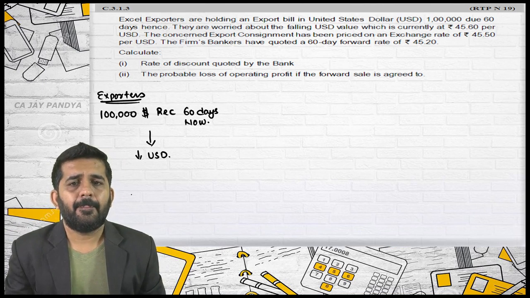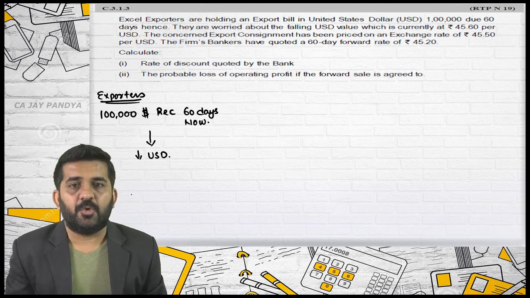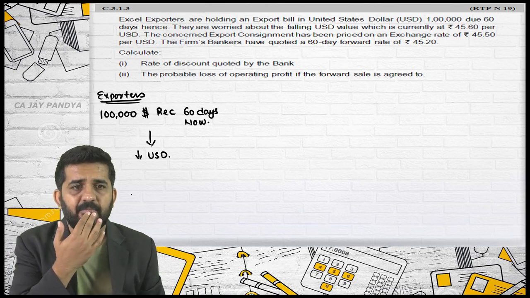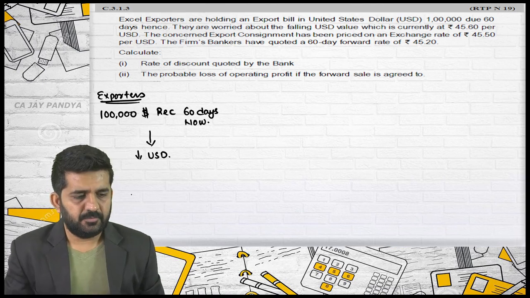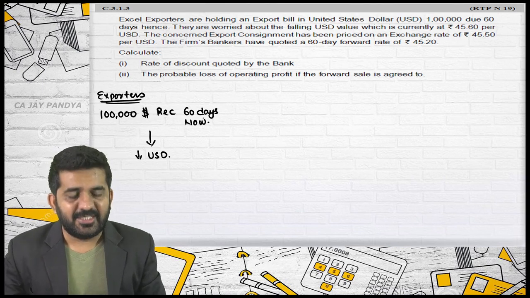Aarti? Sir, US dollar going up. They should be worried about the US dollar going up? No, sir, going down, because they will be receiving money as they are exporters. Alright, they will be receiving this 1 lakh dollar after 60 days.